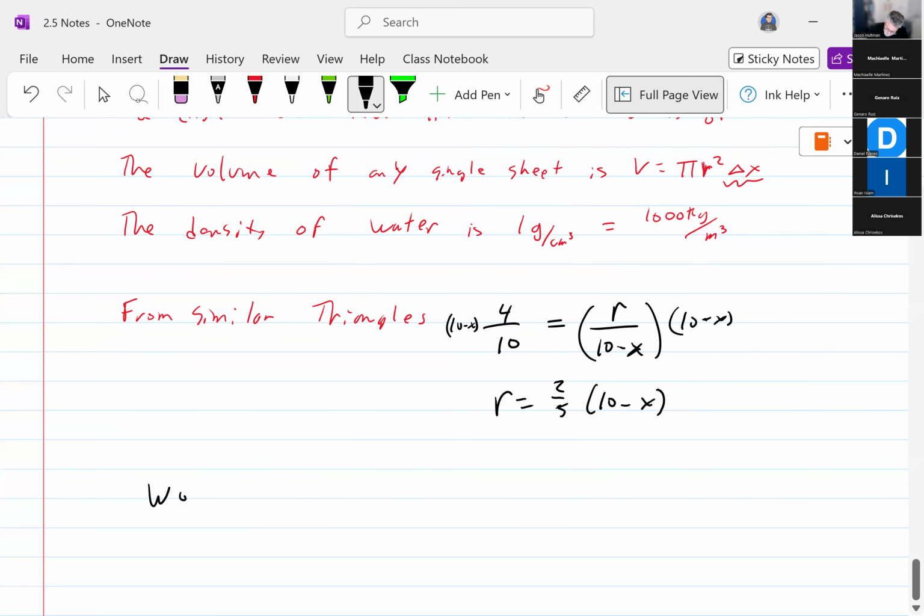What's the work? The work is equal to an integral of force over distance.